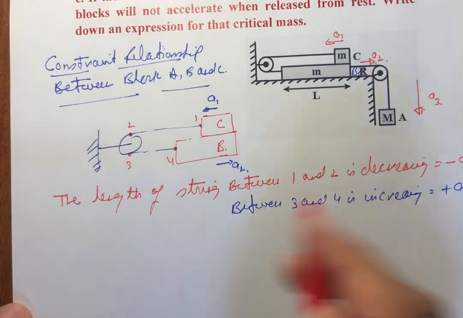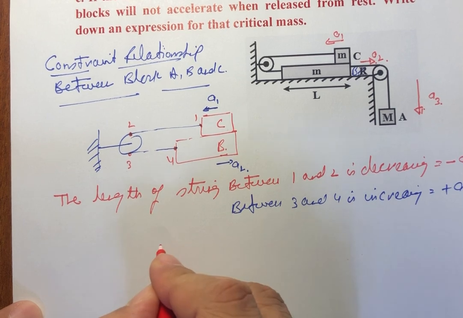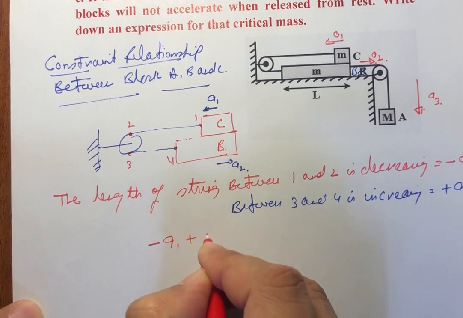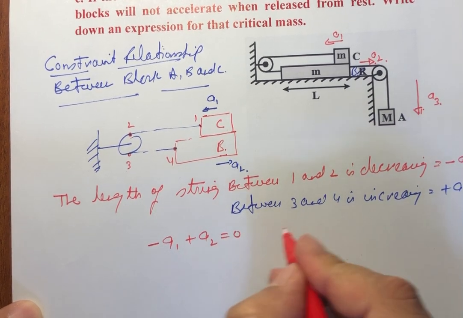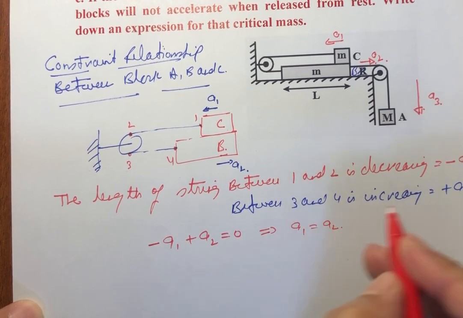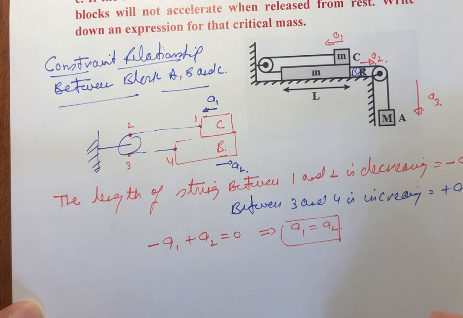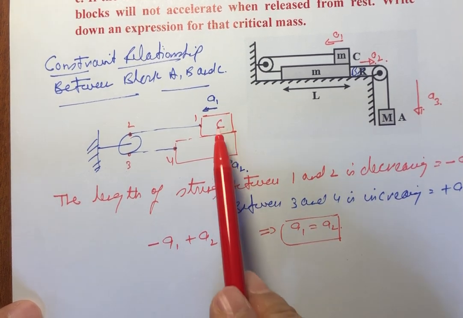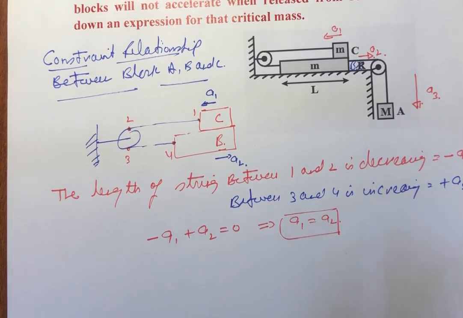We take their algebraic sum, because minus A1 plus A2 will be equal to 0. From here we can see that A1 is equal to A2. So acceleration of B and C will be same.